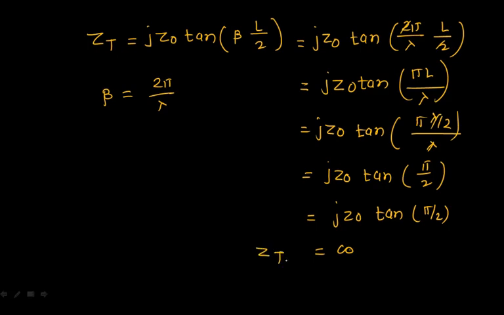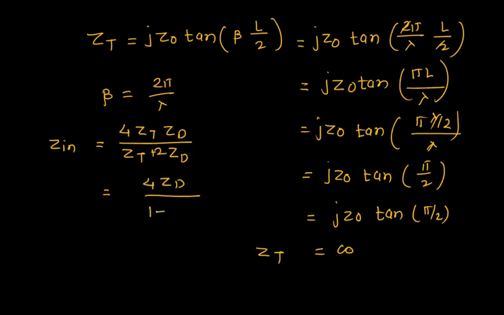So I have calculated my ZT, which is right now infinite, and what will be the value of Zin here? Zin, we have calculated previously, is nothing but 4ZT ZD divided by ZT plus 2ZD. If I divide each and every term by ZT, I'll get 4ZD divided by 1 plus 2ZD by ZT.